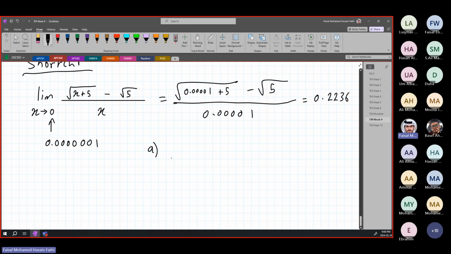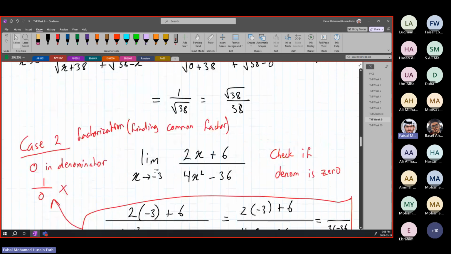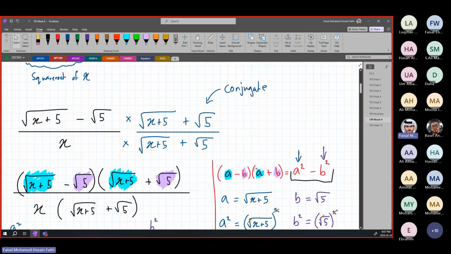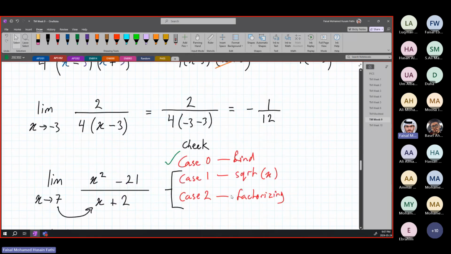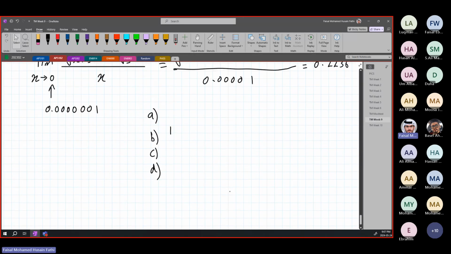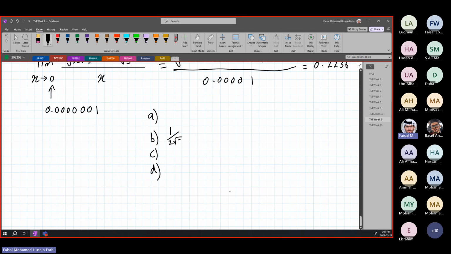And then when you go, you're going to have multiple choice, right? So you're going to have option A, option B, option C, and option D. One of those options is going to be the actual answer, which was what we found earlier: square root 5 over 10, or 1 over 2 square root 5, for example. So 1 over 2 square root 5 is going to be one of the options. Also, put this in the calculator and hit SD.